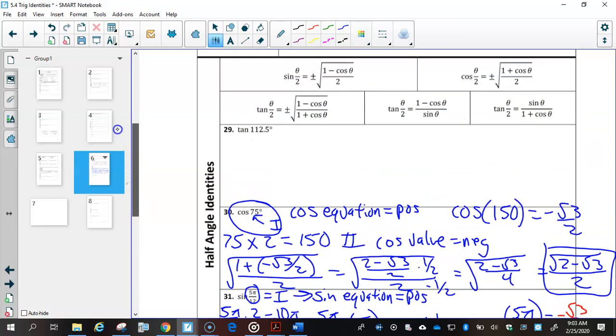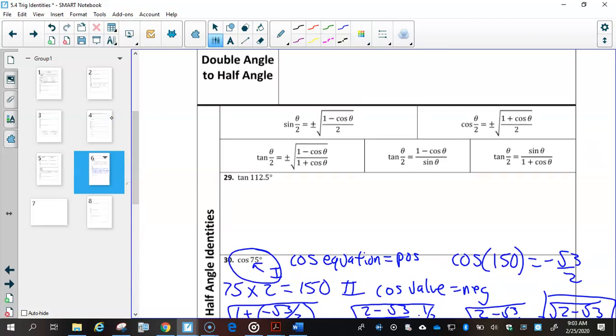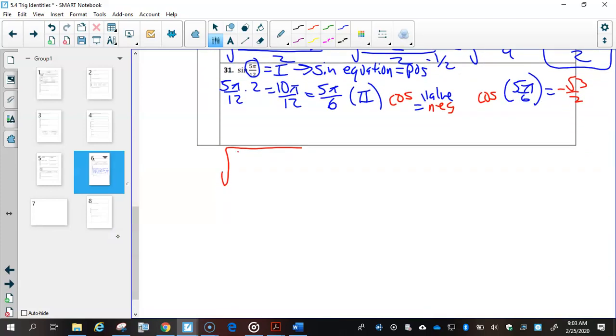Sine's half angle equation is 1 minus. Please be careful with these two, because one is 1 minus, one is 1 plus. They're not the same.